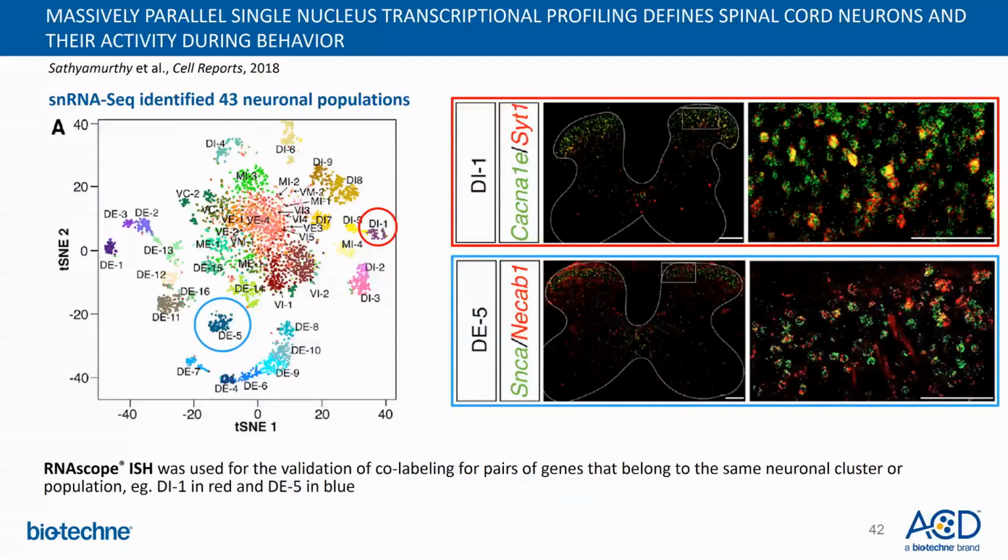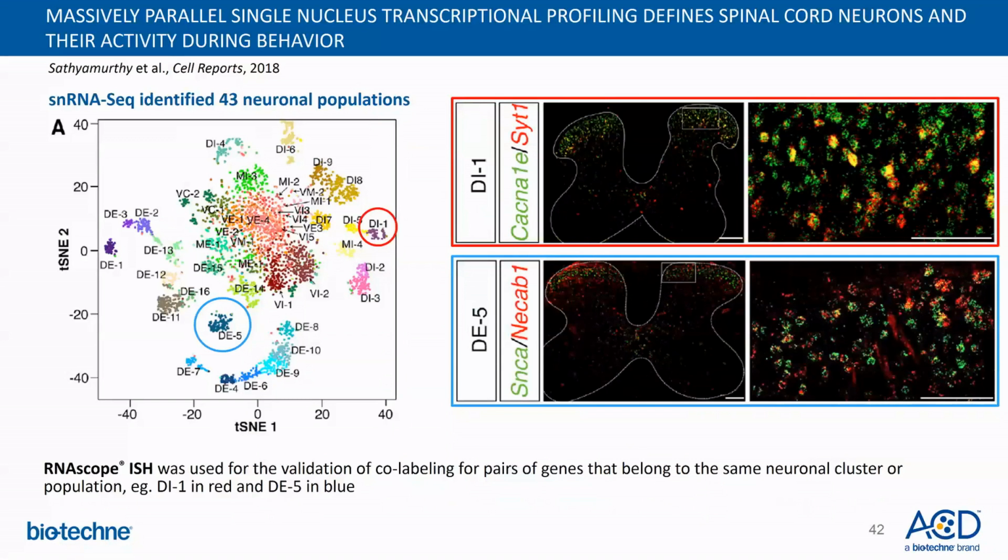Using single nucleus RNA-seq, the authors identified 43 different neuronal populations, as shown in the figure on the left. The authors also identified novel genes in some of these neuronal populations, and these novel genes were confirmed using RNAscope assay. So shown on the right is the multiplex fluorescent RNAscope assay.